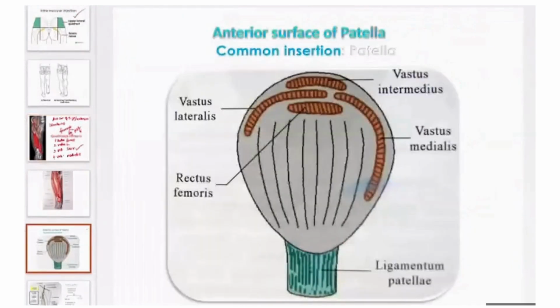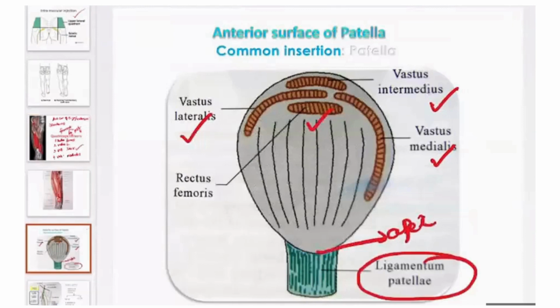These are the muscles which are inserted into the patella. On the upper border, vastus intermedius, medially vastus medialis, laterally vastus lateralis, and rectus femoris. Towards this is the apex of the patella, which gives attachment to the ligamentum patellae. What is attached to the apex of the patella is the ligamentum patellae.